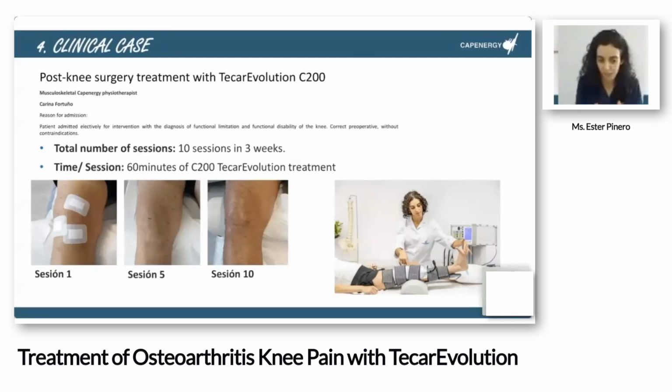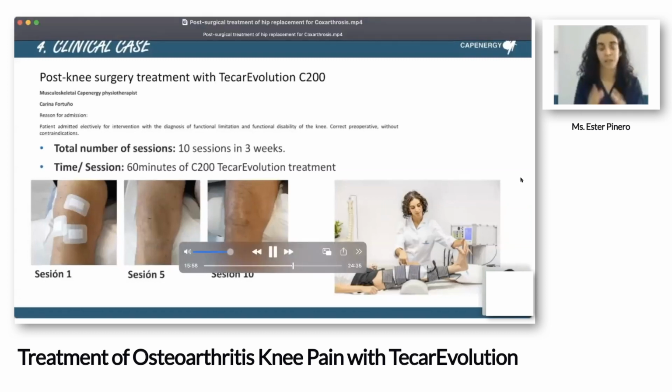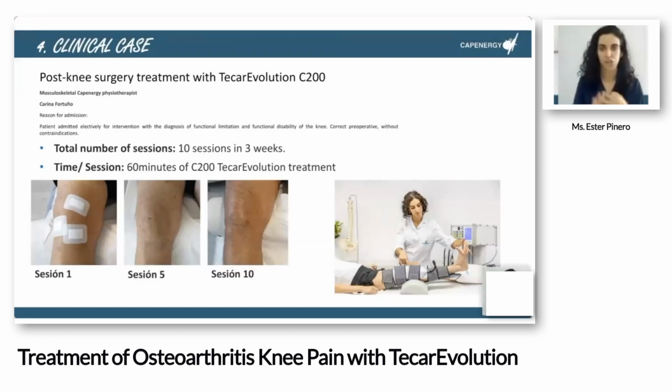And the thing I want you to know is that this is very similar to when we have an osteoarthritis, because we have pain, inflammation, limitation of movement, okay? I know that here we are talking about an acute process, and with an osteoarthritis of the knee, we are talking about a chronic thing. But what I want you to know is that with TECAR therapy, we can work in both moments, in acute and in chronic.